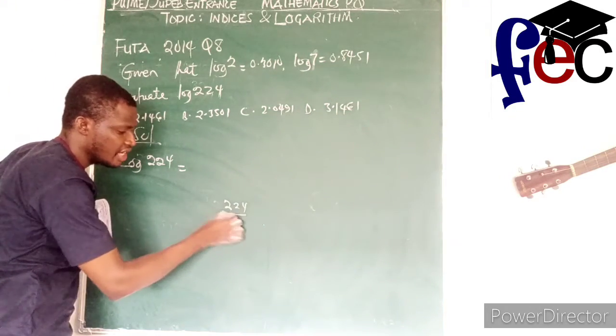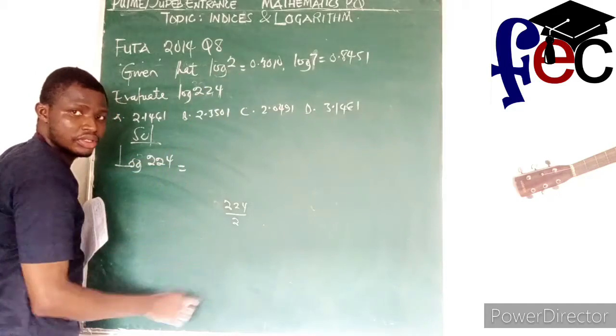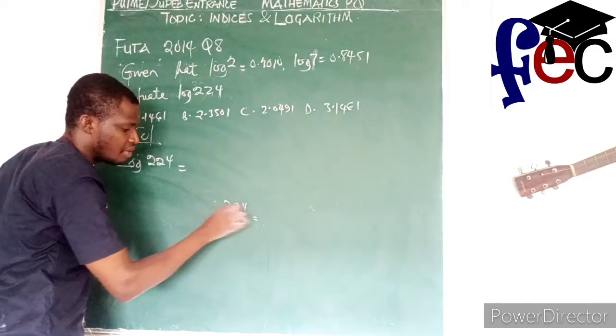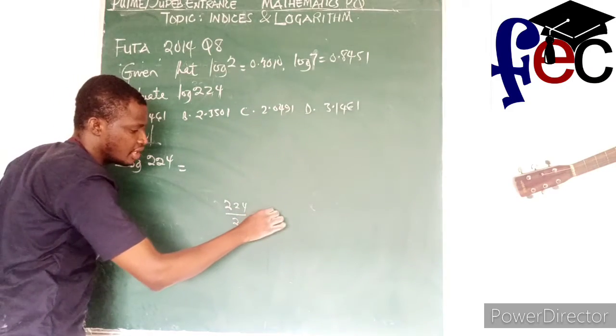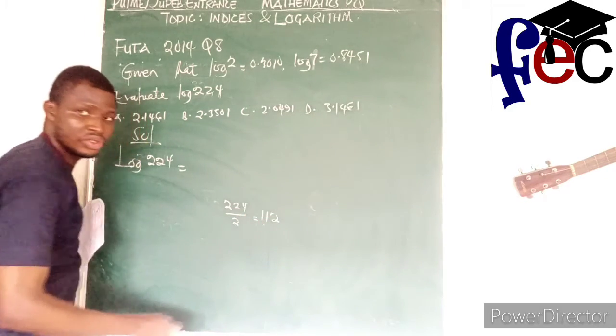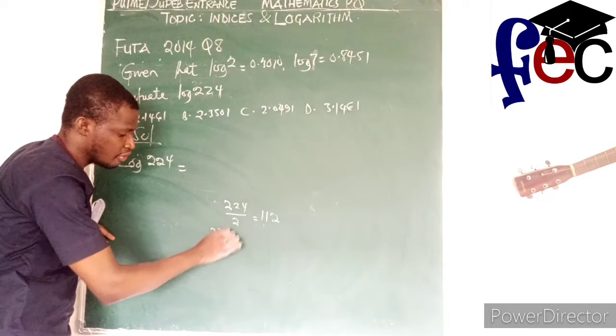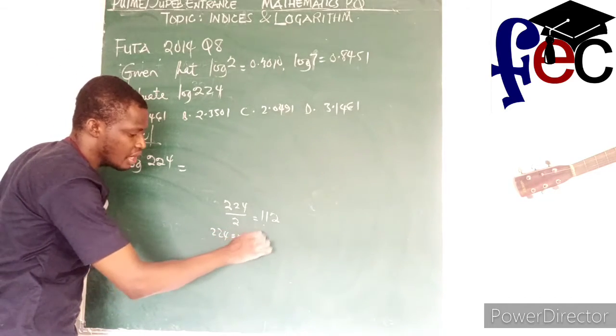Look at what I want to do. 224, if I divide this by 2, what will I see? The quotient is going to be 112. That shows that 224 is the same thing as 2 times 112.